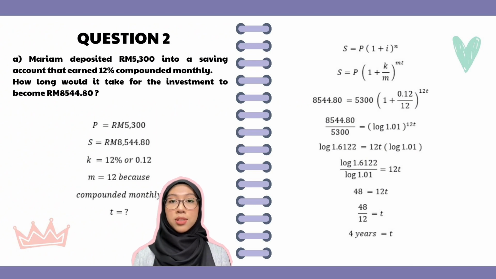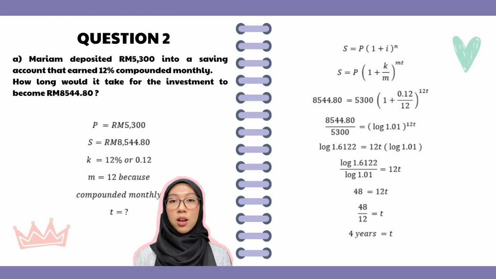Move 5,300 to the other side to divide with 8,544.80, which equals (1.01)^12t. After division, we will get 1.6122 = (1.01)^12t. Taking log, we get log 1.6122 = 12t log 1.01 because we swapped the position.